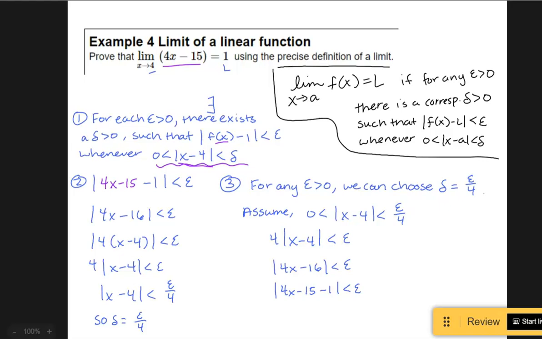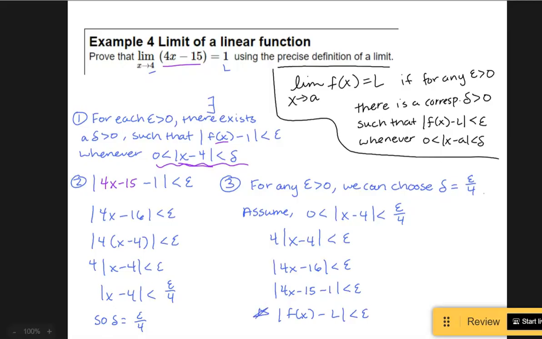So if this is true, so now we're assuming this, and now we're doing the proof part. So we're showing then that the absolute value of f of x minus L, that there exists a delta such that this inequality is true.